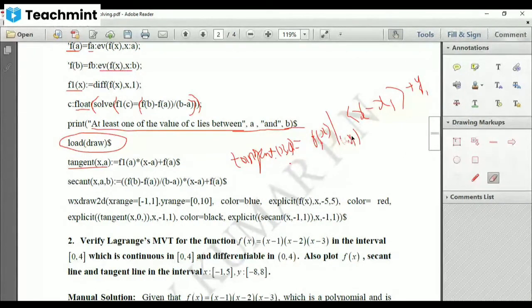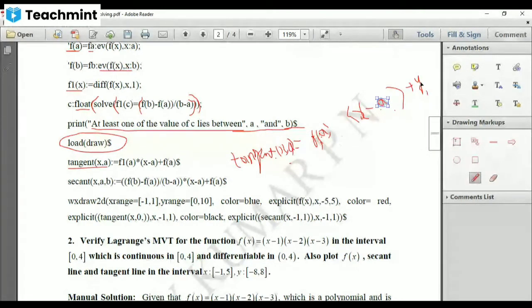So this is f1 of a. f1 of a multiplied by x minus, at which point you are finding? At a. So this also becomes a, right?